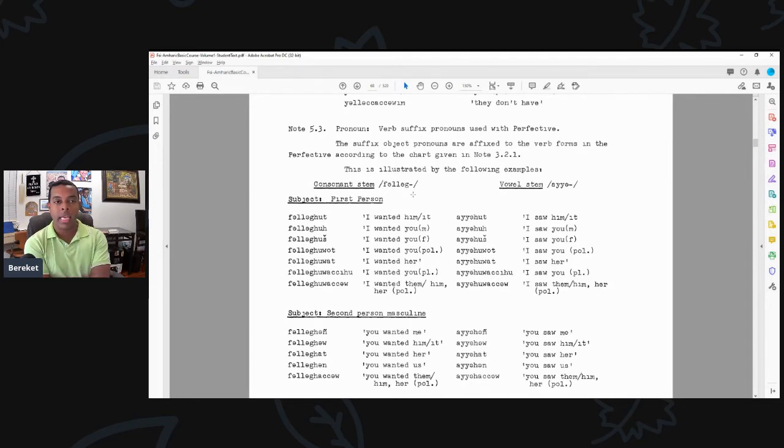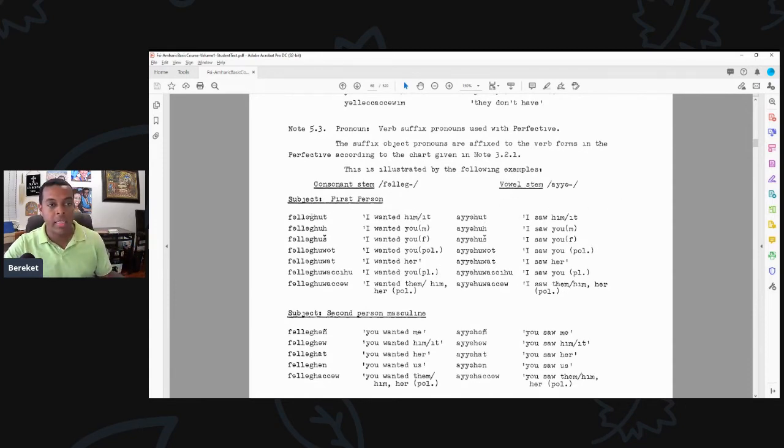In this case, we're talking about the direct object here. So essentially we're combining the subject, the direct object, and the verb all in one word. What's unique about Amharic is that you can have an entire sentence with just one word. To take this first example, falagut, I wanted him, it, that's a complete sentence, standing alone.